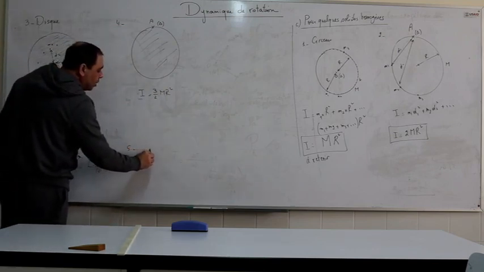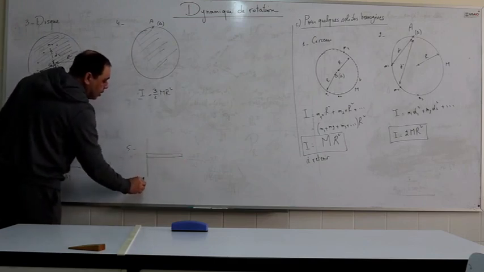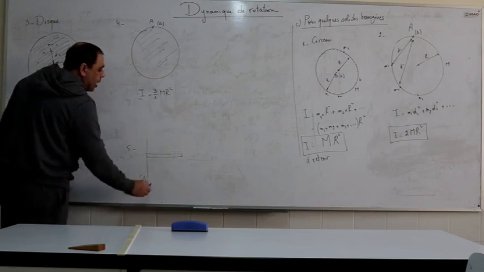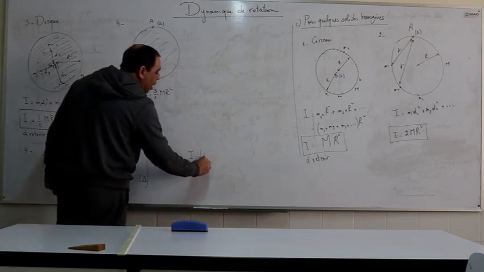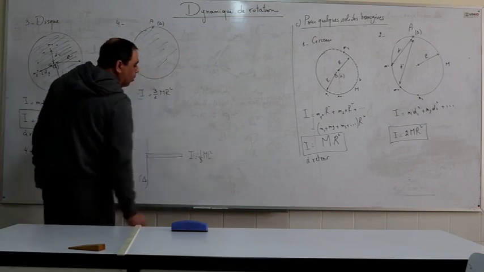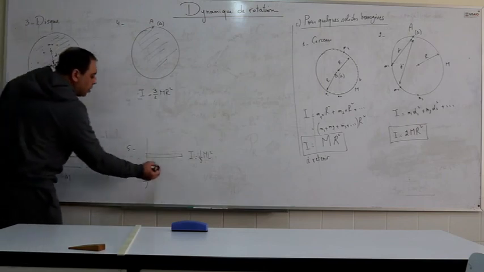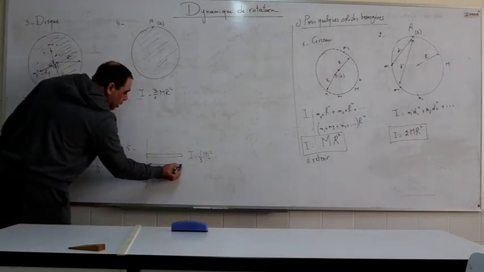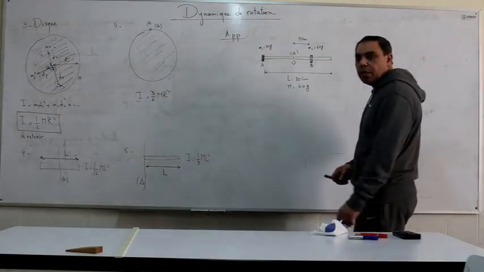What if we change the axis of rotation delta so that it passes by one of its extremities? I is equal to 1 over 3 m l squared, where L is the length of the rod and m is its mass.